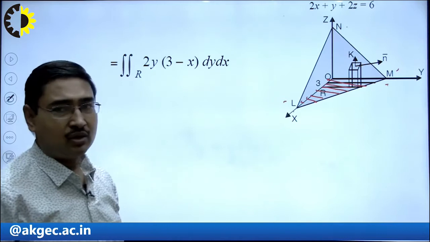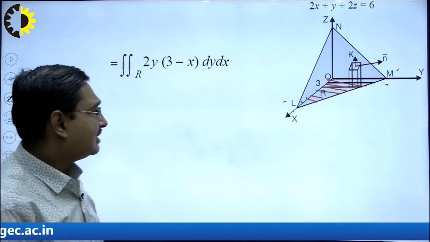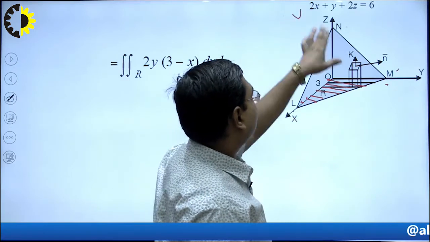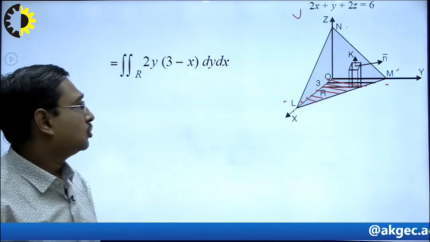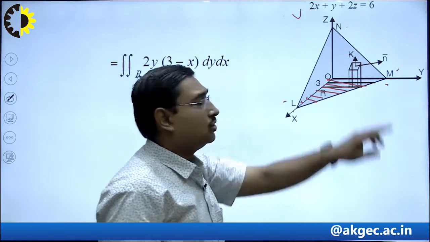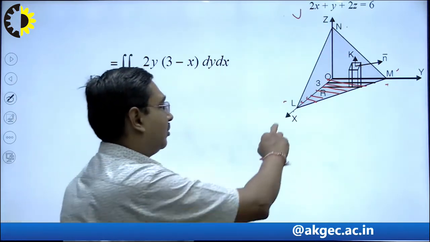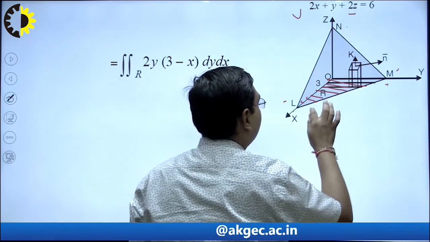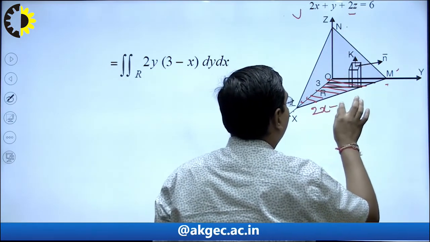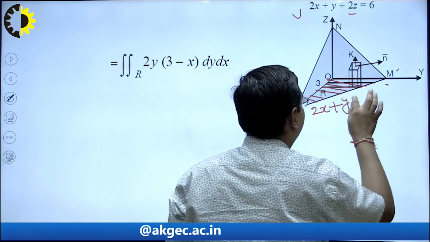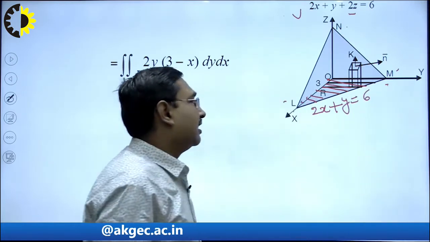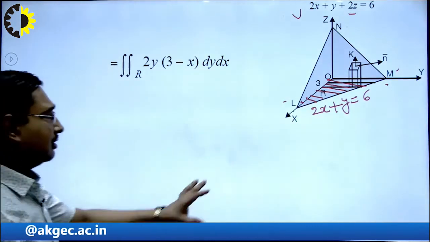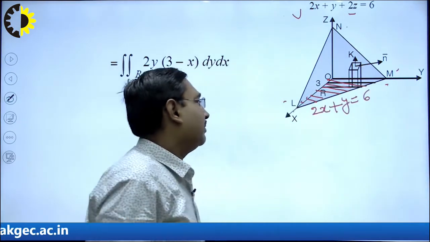To find this equation, I can see that this line is the intersection of this plane with the xy plane. So, putting z equal to 0 in the equation of the plane, I can obtain the equation of this line. Substituting z equal to 0 in this equation, I obtain 2x plus y equal to 6, which is the equation of this line on the xy plane.